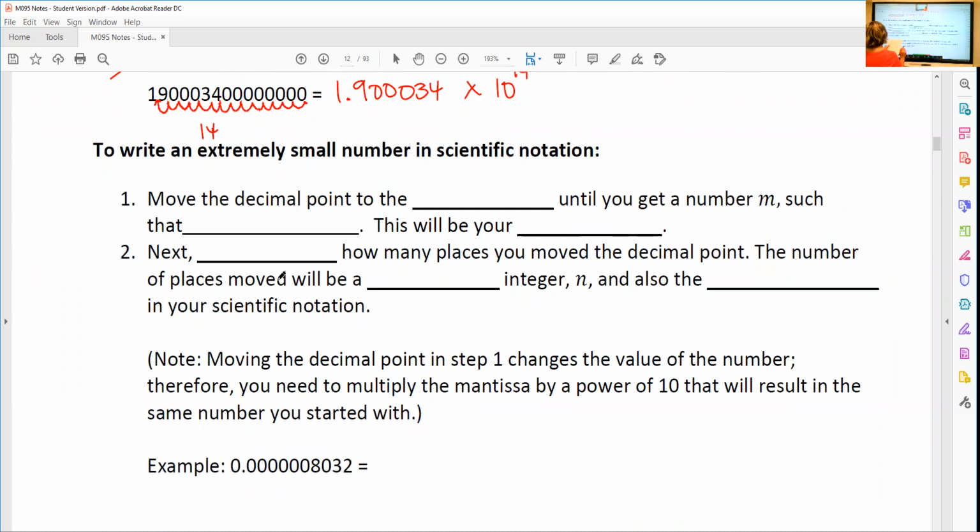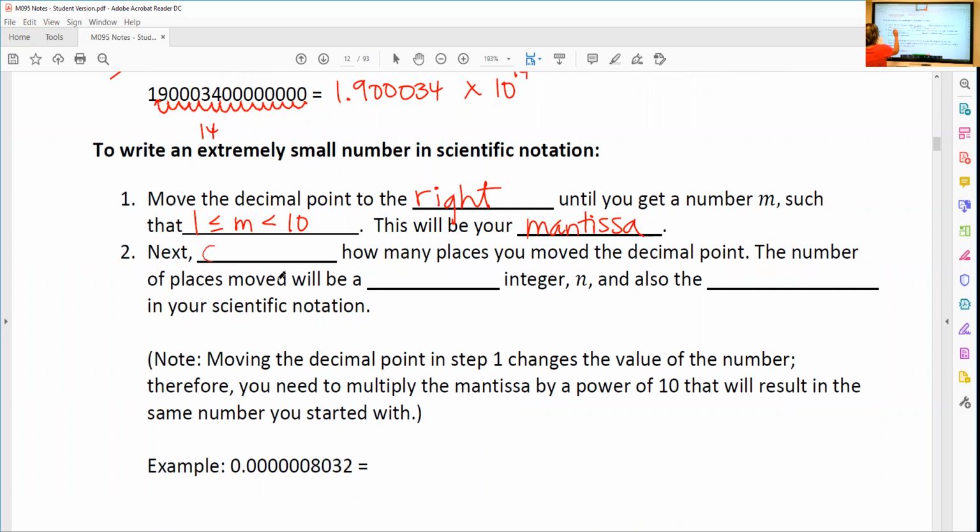It says, move the decimal point to the right this time until you get a number m such that, same rules apply, 1 is less than or equal to m, which is less than 10. So it's still going to be in between 1 and 10. And this is going to be your, it's not a freebie this time, your mantissa.